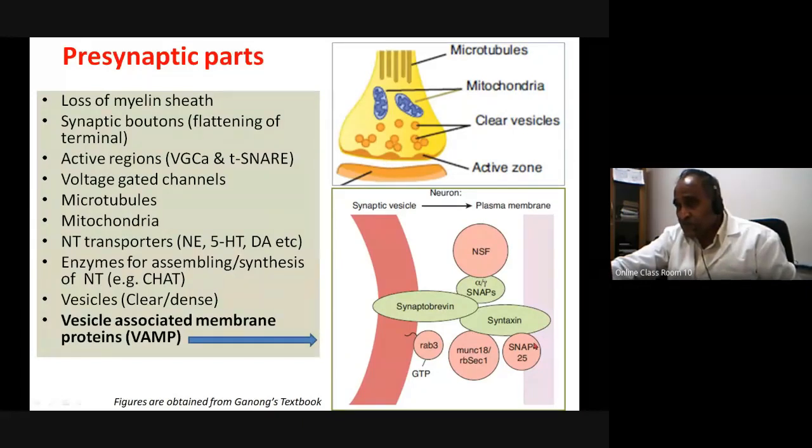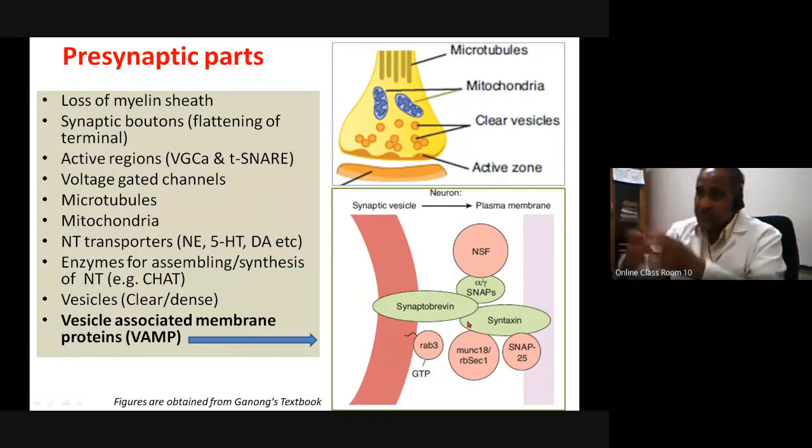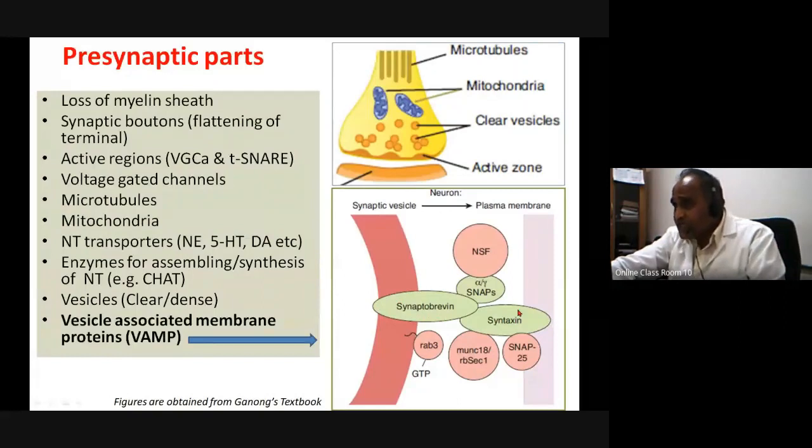in this active zone, we have syntaxin and SNAP25. Syntaxin and SNAP25 are also called vesicle associated proteins. Then we have intermediates, that means connectors between the V-SNARE and T-SNARE.